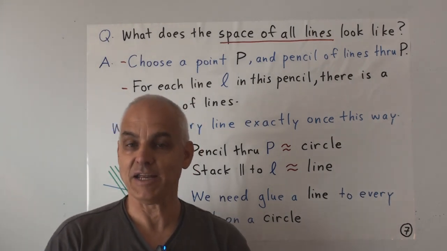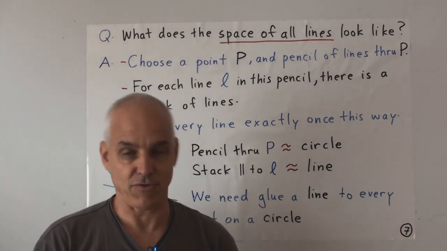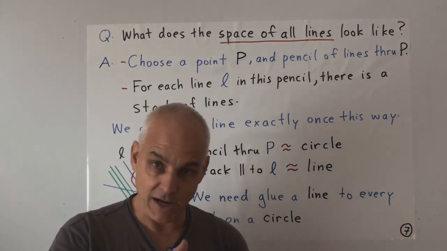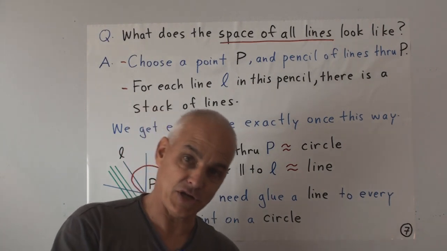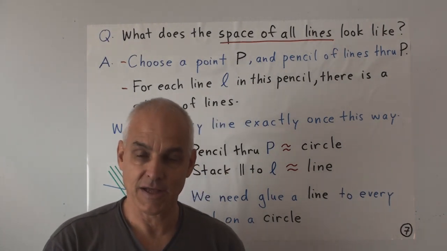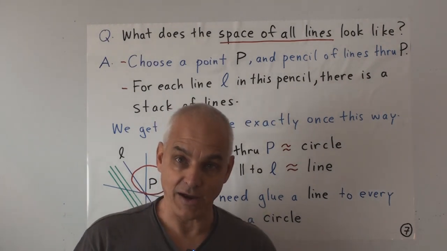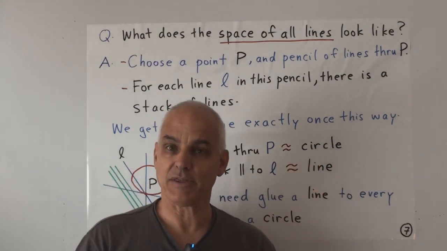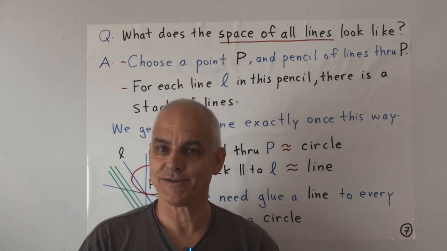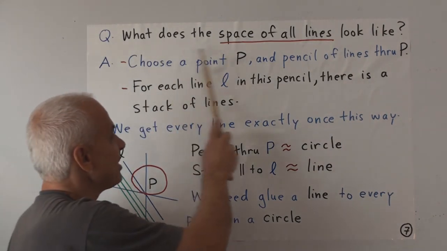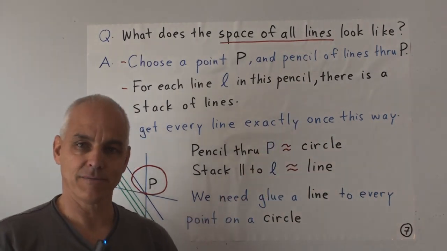If you've identified an interesting family of objects, for us, say, lines in the plane, then of course we study individual lines, which we've been doing with Cartesian equations or parametric equations. But it's also useful and interesting to ask, well, what about all the lines? Is there something we can say about the entire space of all lines together? So that's the question we're going to ask. What does the space of all lines look like?